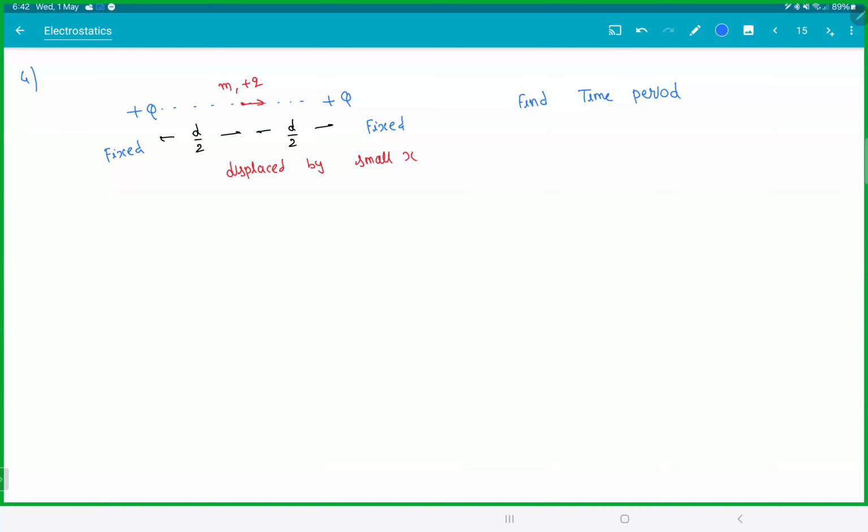MD cube by 32. Aryan, I'll punch you. I told you multiple times. How can you get time period in terms of X?